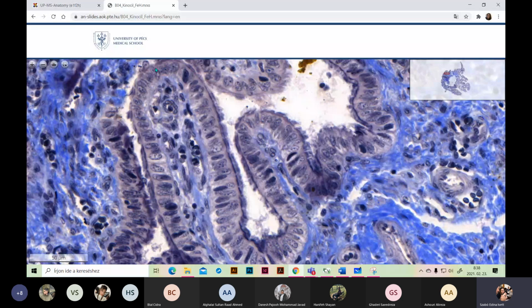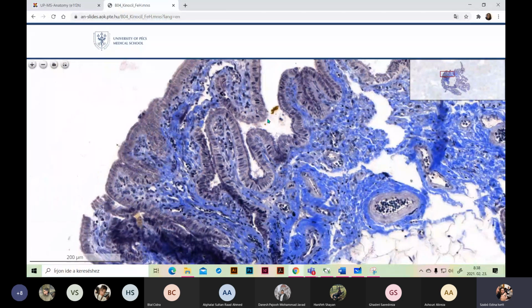Okay, we know it's an epithelial tissue. Let's see the function of epithelial tissue. It's a surface epithelium because it covers a surface. That's why it's a surface epithelium. Okay, next step, we have to classify the surface epithelium. We have to see the number of cell layers, and we have to see the shape of the cells.